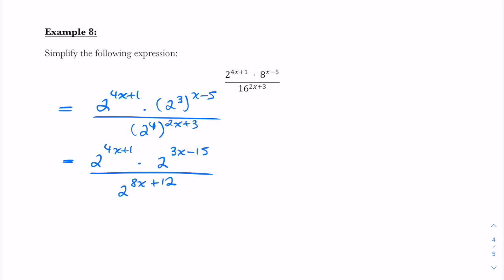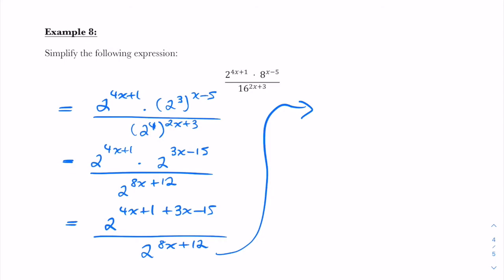In the numerator, you're multiplying two powers with the same base, so keep the base and add the exponents. Keep the denominator the same for now.